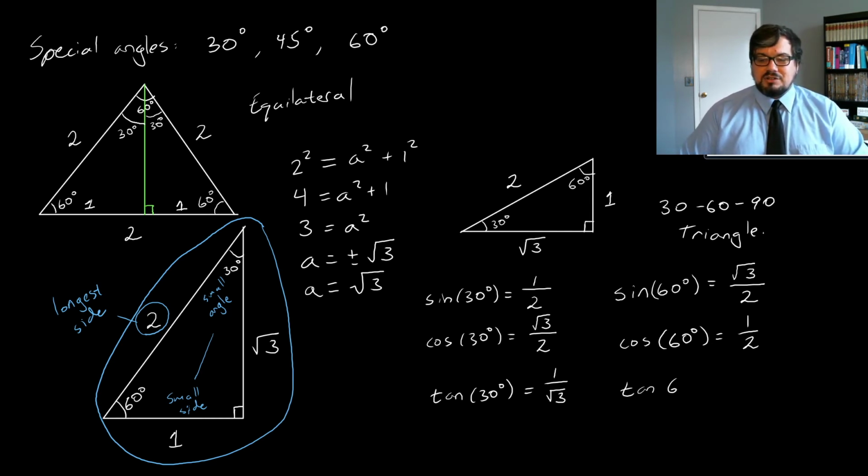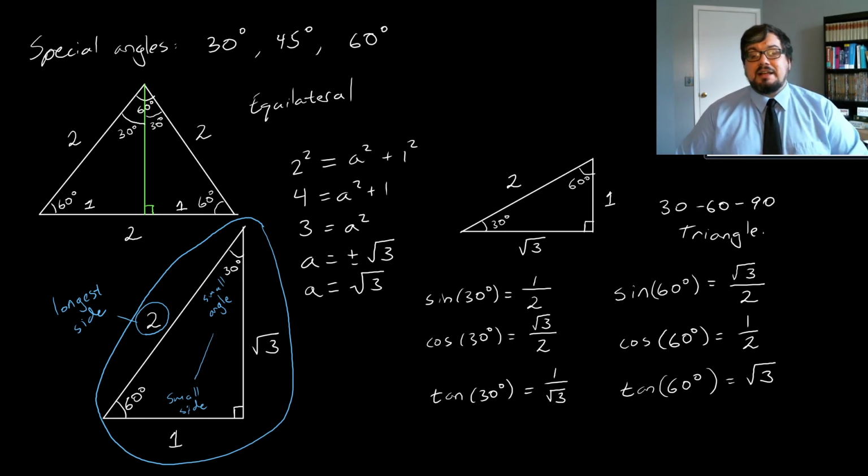And then tangent of 60 degrees has value opposite over adjacent. The opposite side is square root of 3, and the adjacent side has length 1. So tangent of 60 degrees is square root of 3 over 1, which we usually just write as square root of 3, of course.